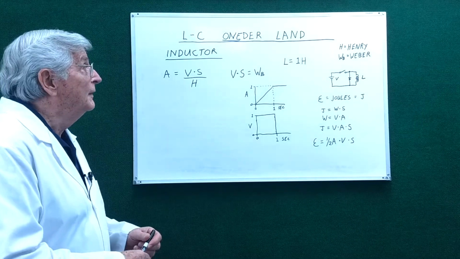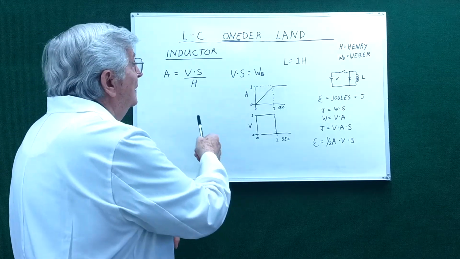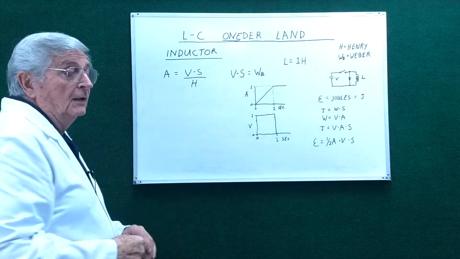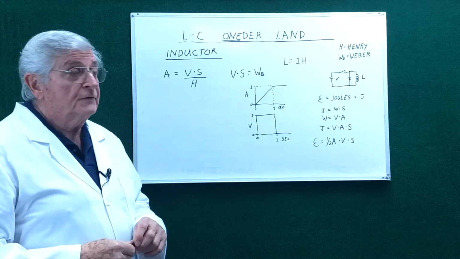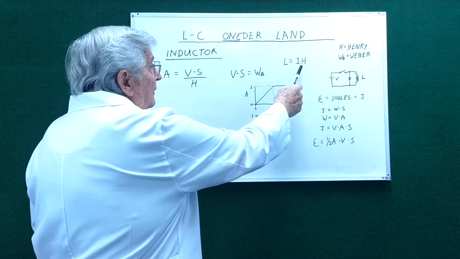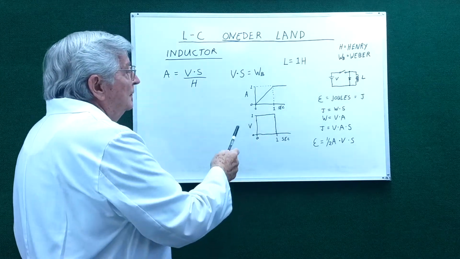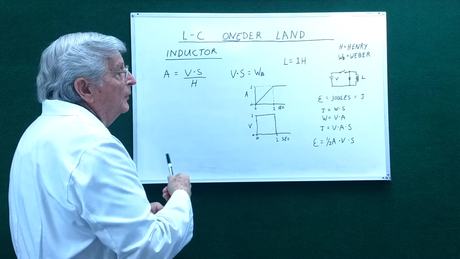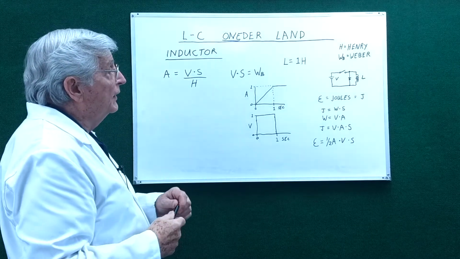Okay, here we are in LC Wonderland, and we're going to be talking about inductors. Now we're going to be dealing with 1 Henry and 1 volt and 1 amp, etc., like we did for the capacitor.